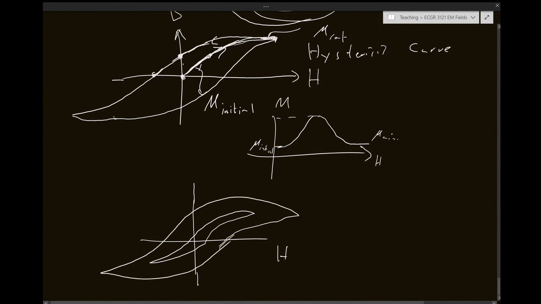So it's also dependent on how fast we vary H. It's a pretty complex phenomenon, but the BH curve is a good way to visualize it. And if you do a lot of magnetics design, you will encounter this curve a lot.